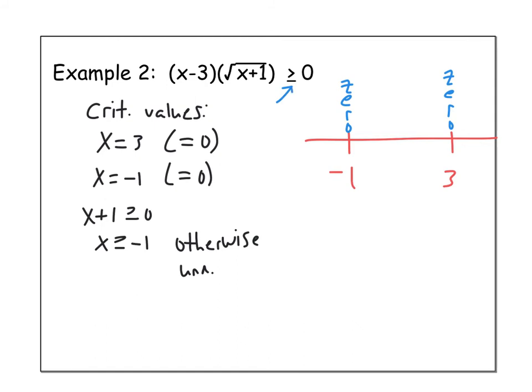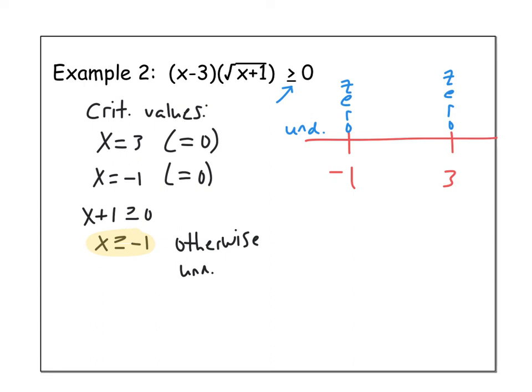This number line is going to help though because remember we said that x has to be greater than or equal to -1, otherwise the expression is undefined. So all those x values that are less than -1 actually make the expression undefined, so we don't even need to worry about it.